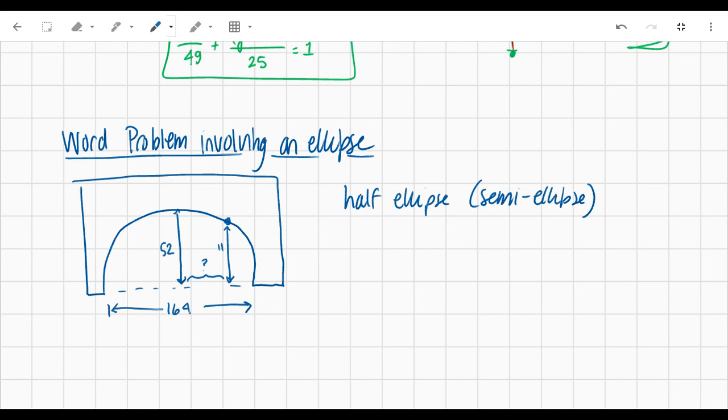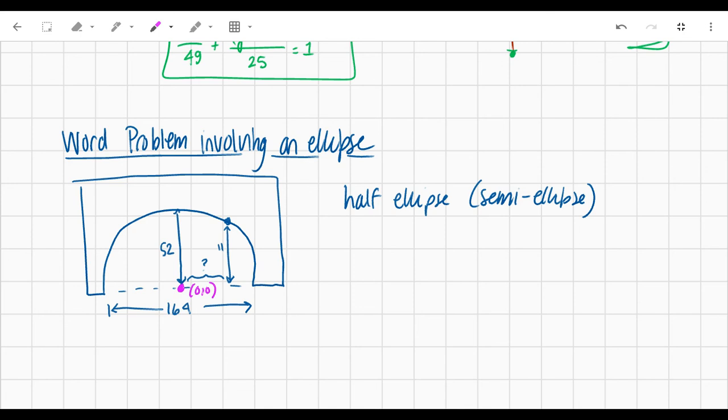All right, so let's do this one. First thing we're going to want to do is come up with an equation of our ellipse here. The easiest thing to do, obviously, is to put the center at 0, 0. So put a coordinate system on it.